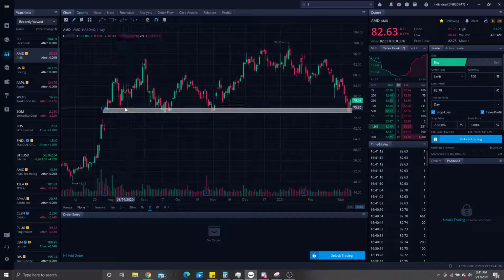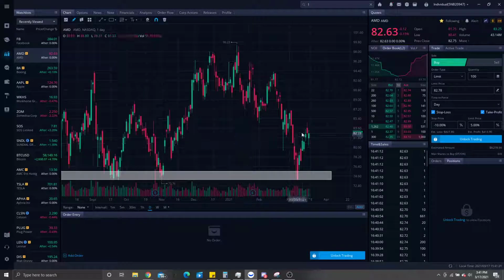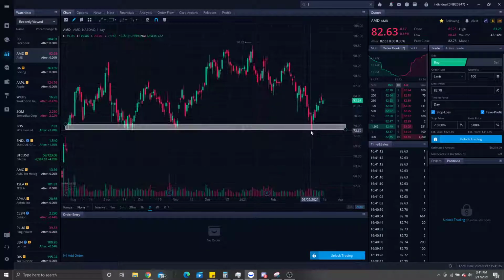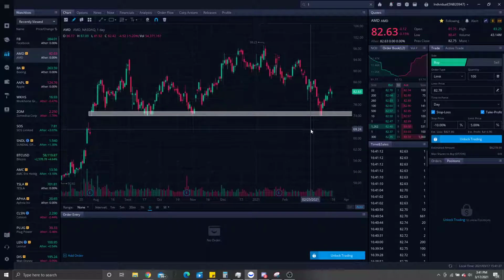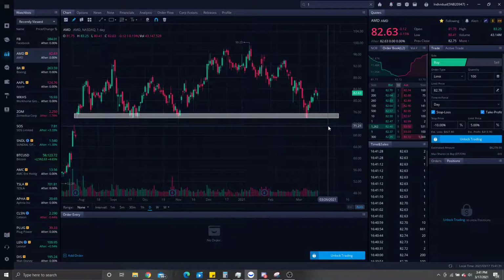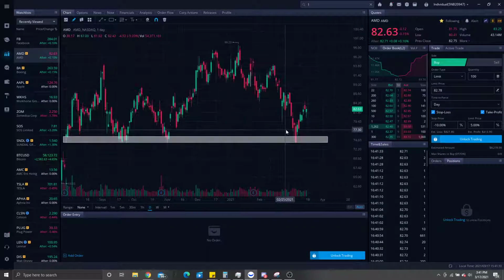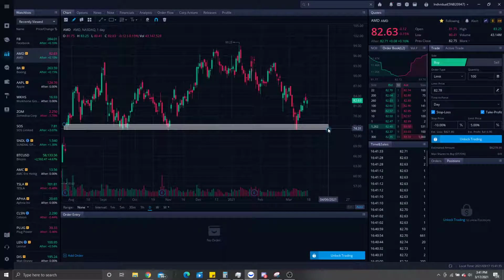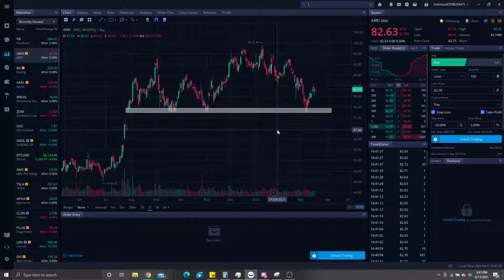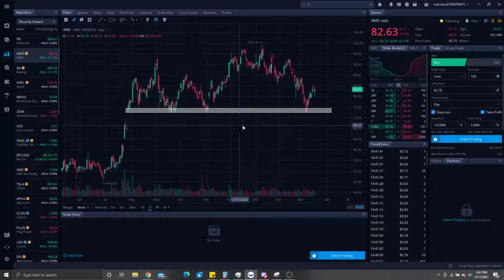So this here has four different touches, and it's currently bouncing off of the same zone within the last few days. But each time this touches, as all of those orders get filled, there's a lot of people invested in this area, and then it becomes a support and resistance zone. But you can still trade these the exact same way.